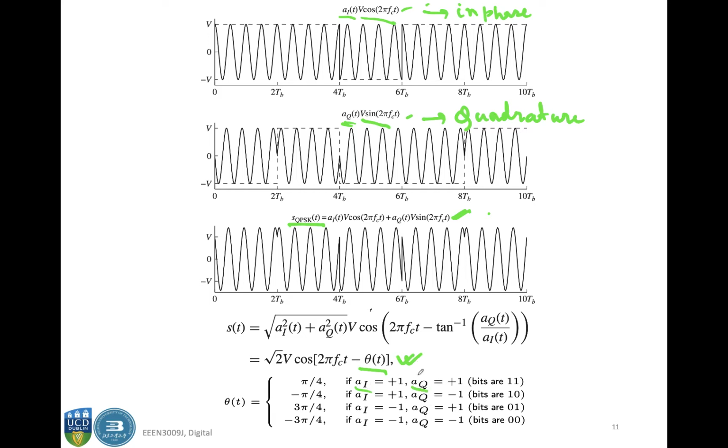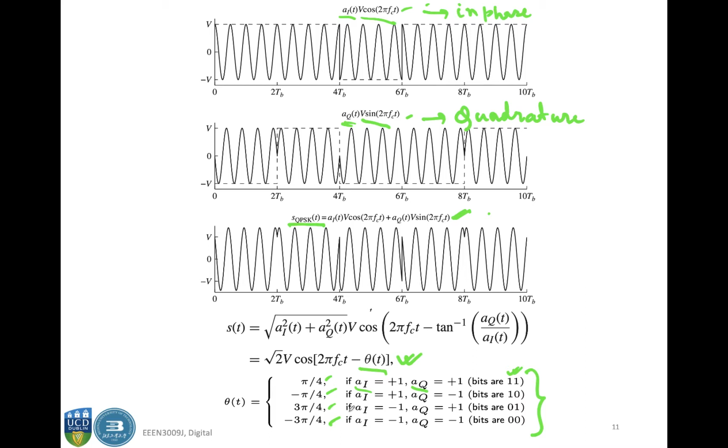Okay, so this is again similar to what we discussed at the beginning of this lecture. So depending on the bit combinations for a 2-bit symbol, your phase of the signal is varying. Okay, so this is another alternative representation of QPSK.